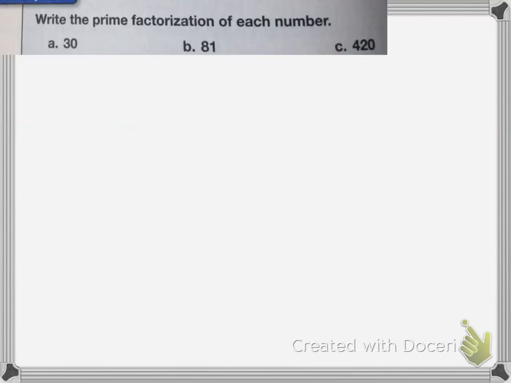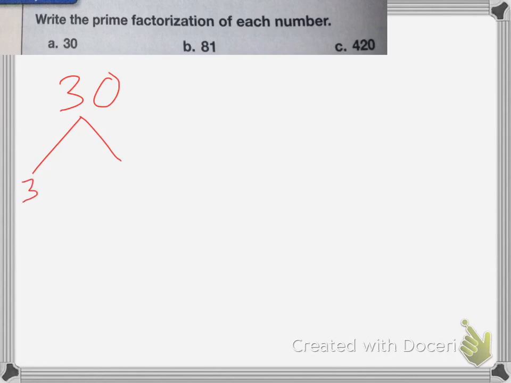Now we want to do that so we can find the prime factorization of each number. So that's what prime numbers multiply to equal these three things. Okay. So first we have 30. And to do prime factorization, there's two ways to do it. I'm going to show both. I can do it using a factor tree. I'm going to pick two numbers that I know multiply to equal 30.